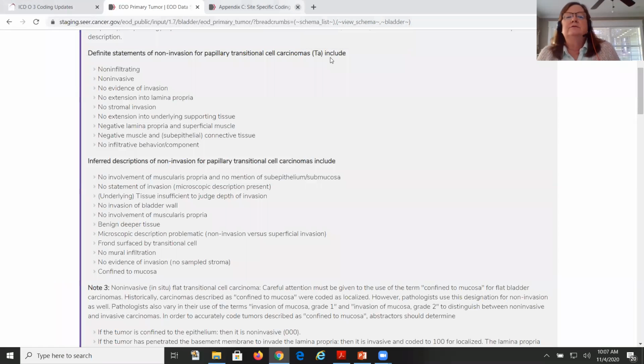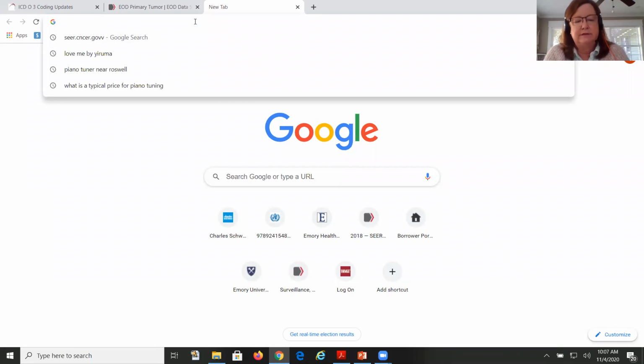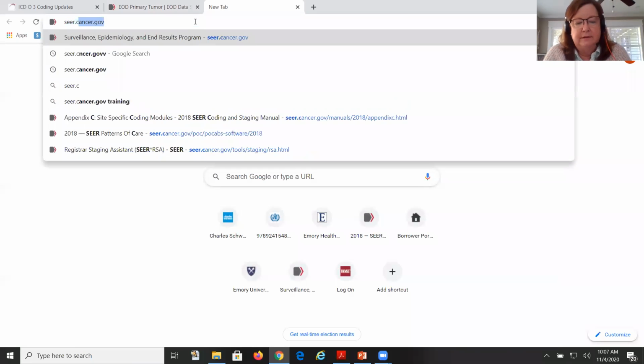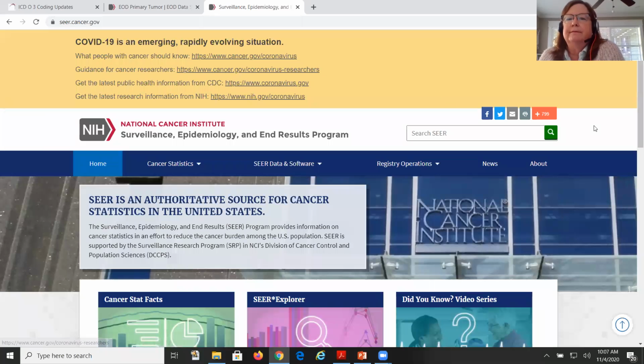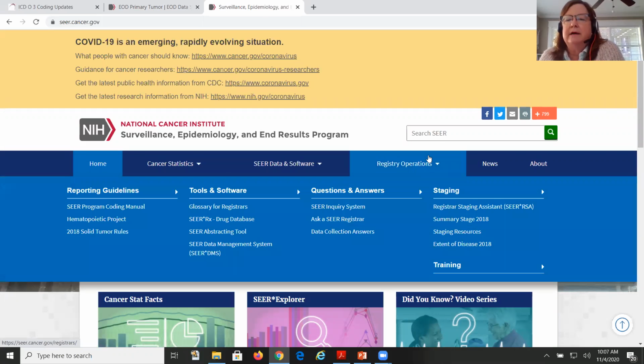Okay, so go to the SEER website, seer.cancer.gov. One of the hardest things about abstracting is knowing where to find everything. And once you know where to find everything, that really makes your job so much easier.